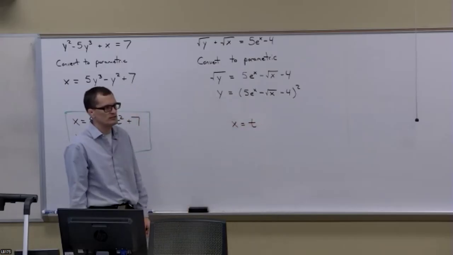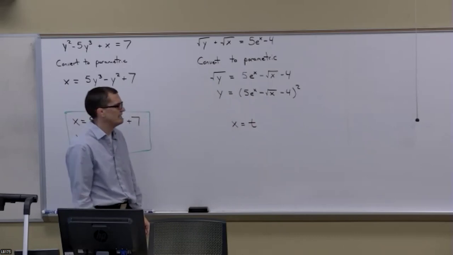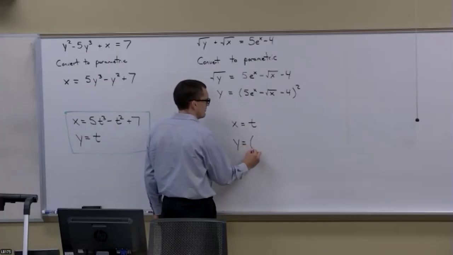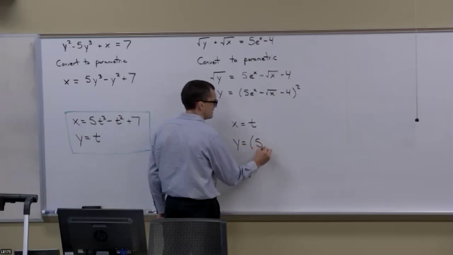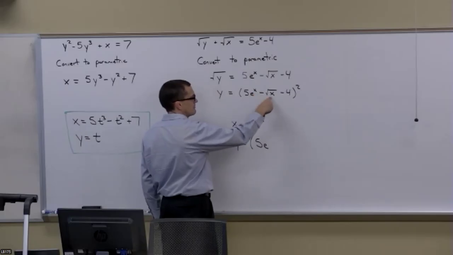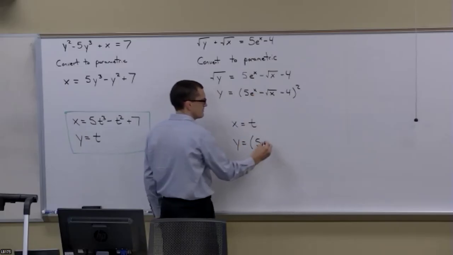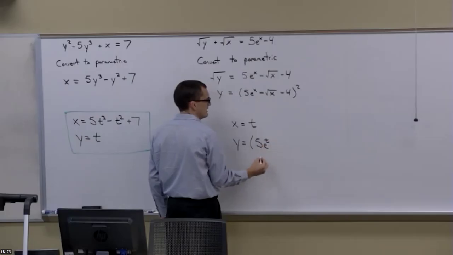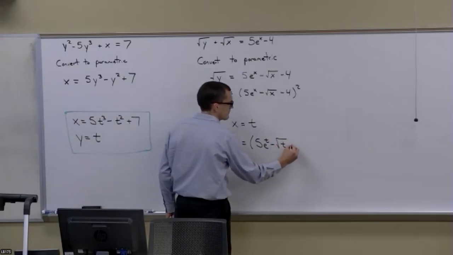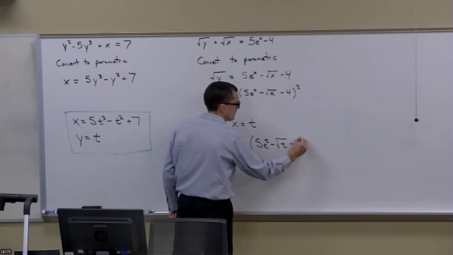I'll choose the simplest one, x equals t. And then my y value is going to be that expression where I substitute every x value for the t value: 5 times e to the t minus the square root of t, minus 4, squared.